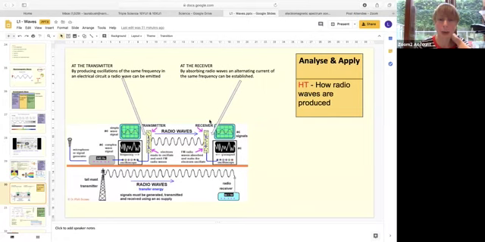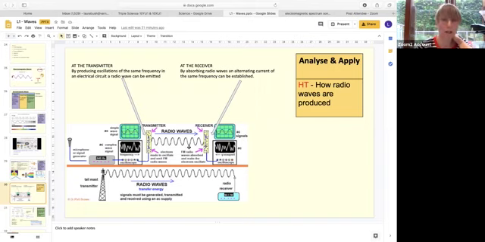Okay, so that is how radio waves can be transmitted and received. The key words there are absorbing the radio waves. It sets up an AC, or alternating current, of the same frequency.